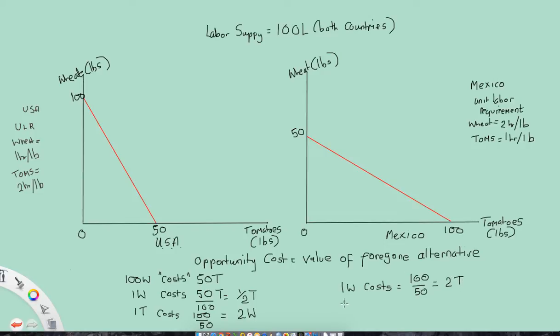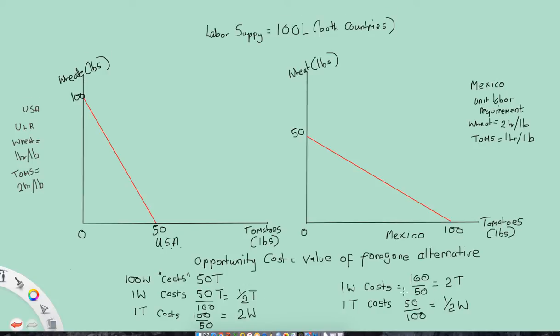And alternatively, I could say that 1 pound of tomatoes costs 50 over 100, which is half a pound of wheat. And this whole equal and opposite thing, I don't know why I do it, but it's a coincidence again. So these are the opportunity costs expressed either as the cost of wheat or the cost of tomatoes, and you can see that they are the reciprocal of each other. So if you know one, it's easy to find the other.